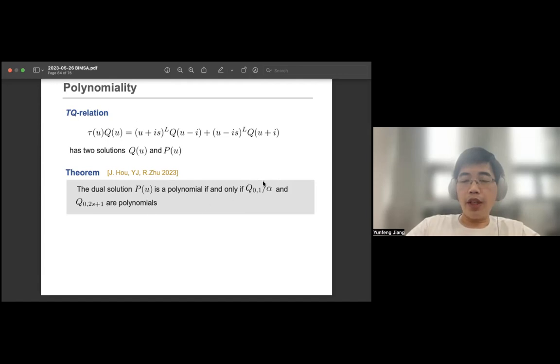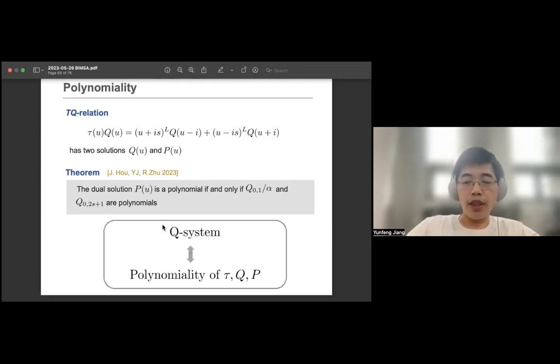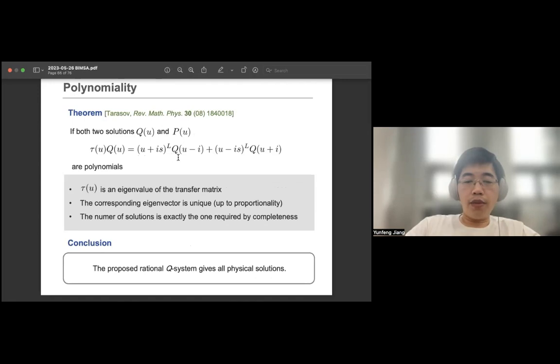Remember that these two conditions are exactly our minimality condition for the rational Q system. So the conclusion is that our Q system, which we proposed, is equivalent to the polynomiality of tau U, QU, and PU for the spin S TQ relation. And for this case, there's a nice theorem proven by Tarasov in a paper in 2008.